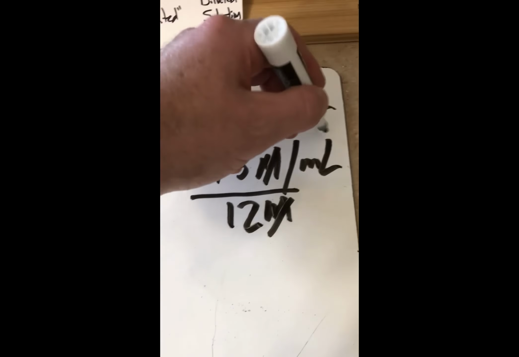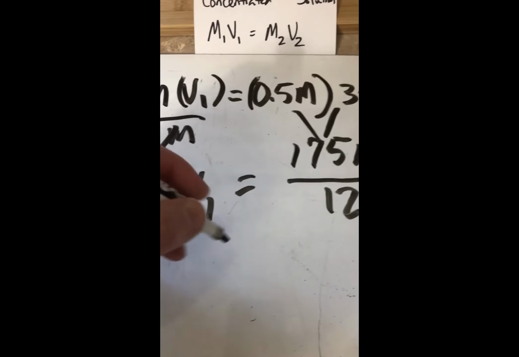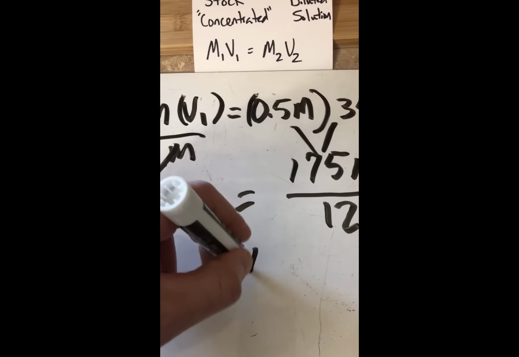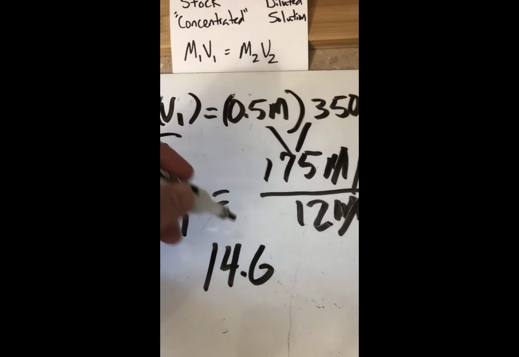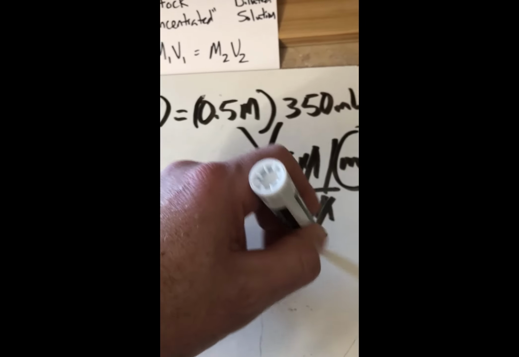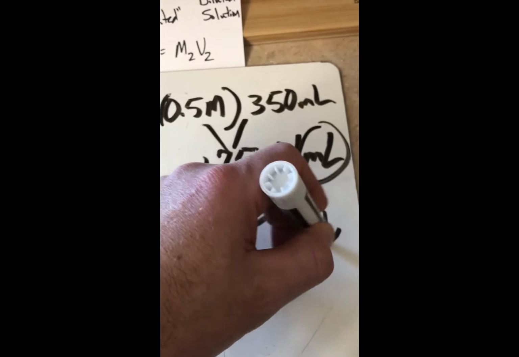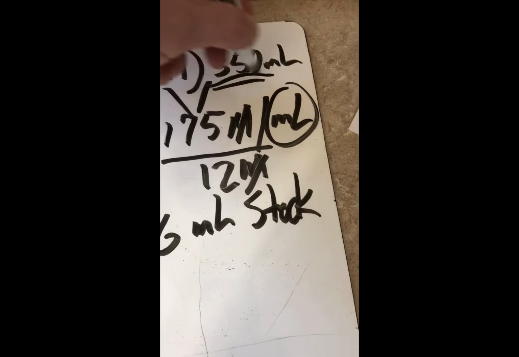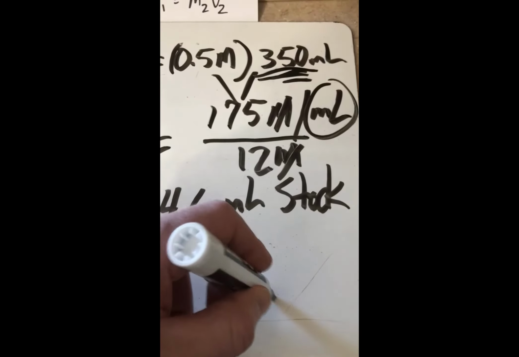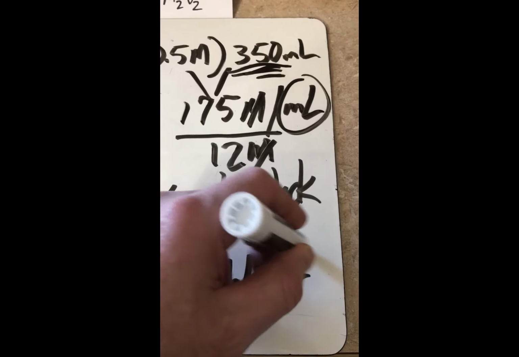So my answer is going to be in milliliters. I'm going to have 14 point, I'd make that 6 milliliters of our stock solution. Okay, and so if I want 350 milliliters total, how much water am I going to have?